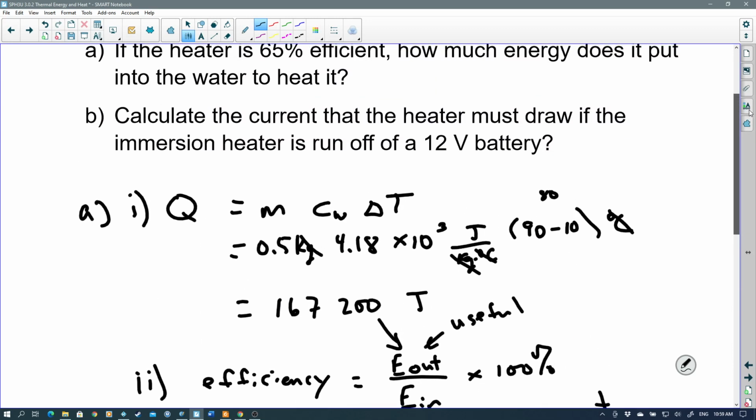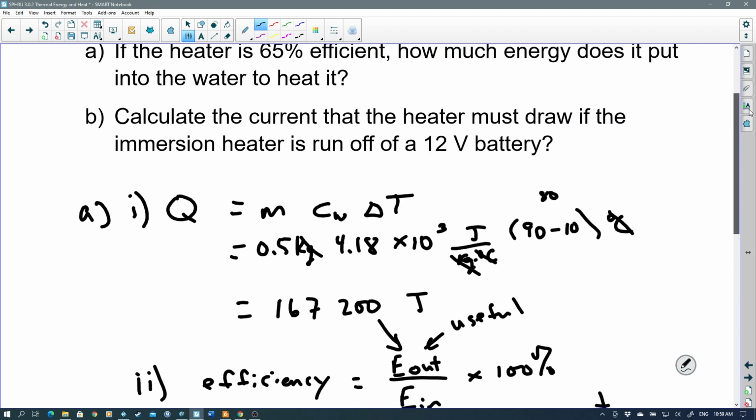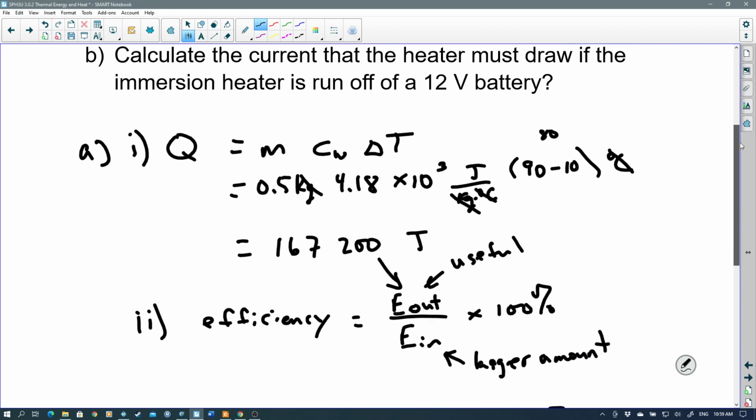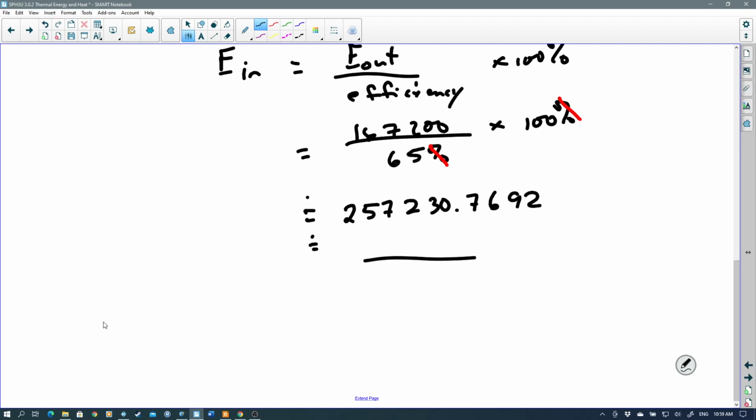Calculate the current that the heater must draw if the immersion heater is run off of a 12-volt battery. So we're looking for an I value, given that the voltage is 12 volts. Now, how are we going to do that?